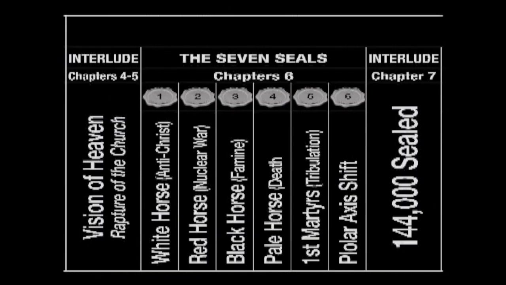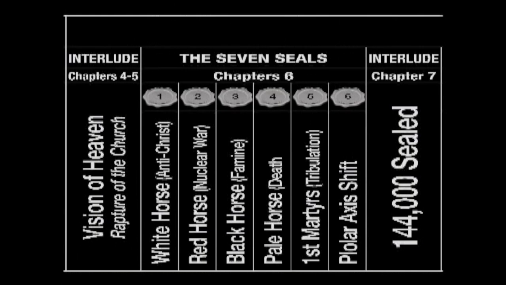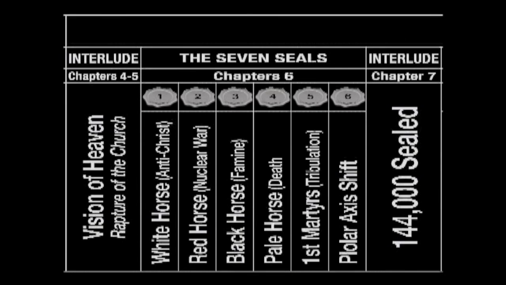Now you need to understand that the Antichrist first came on the scene at the very beginning of the tribulation. Remember, I told you when the white horseman, or I should say the rider on the white horse appears, that's the Antichrist. But you also need to understand that the Antichrist does not receive his full power or authority until the middle of the tribulation.